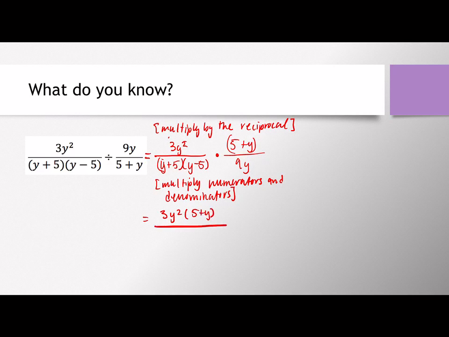And do that over y plus 5 times y minus 5 times 9y. Okay. So it's multiplying the numerators and denominators.